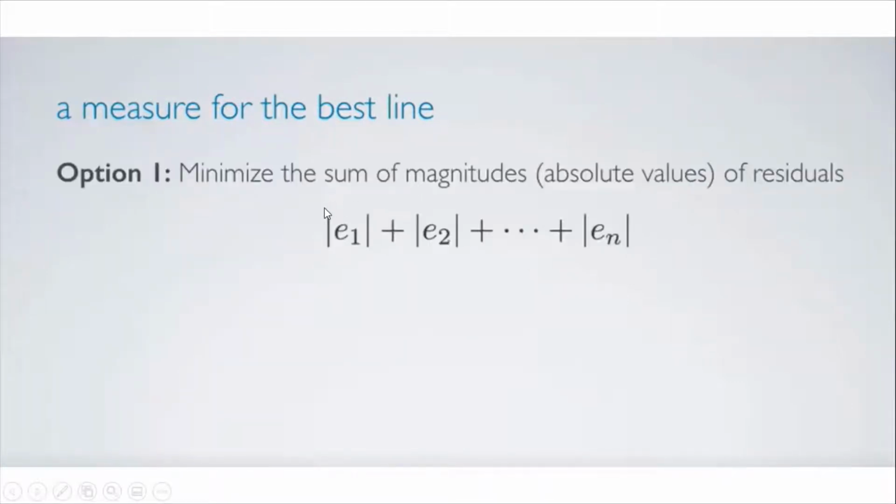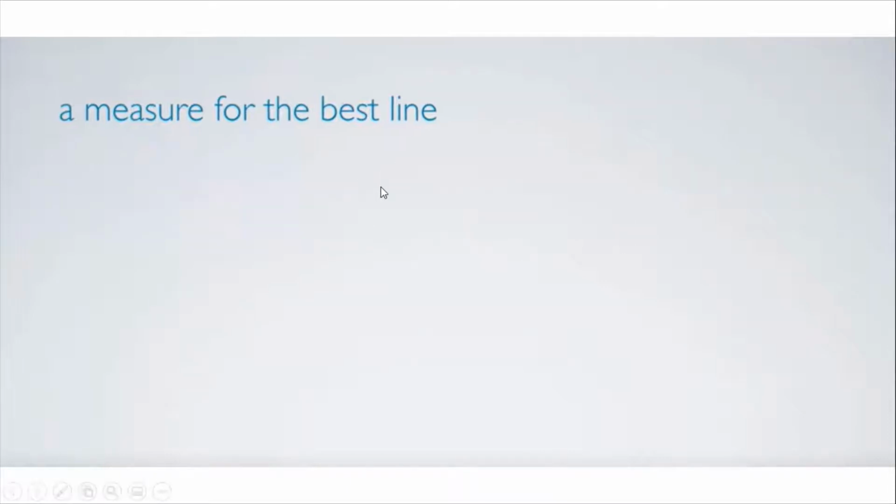Basically, we talk about the errors and we call them residuals. One of the best lines on that scatter plot is the one that makes the most minimal error. We will choose the line with the least error, or the minimum error.